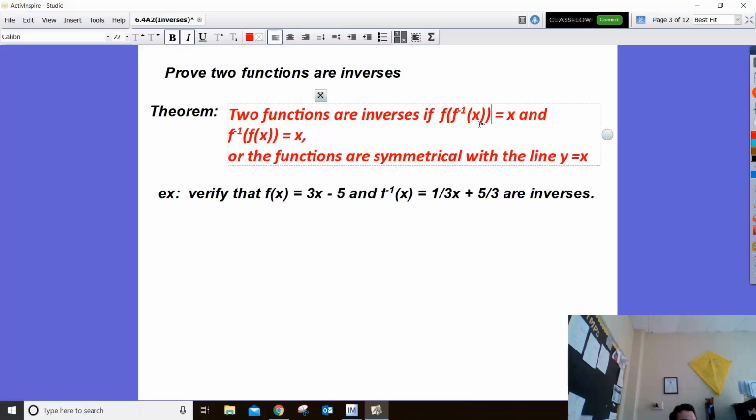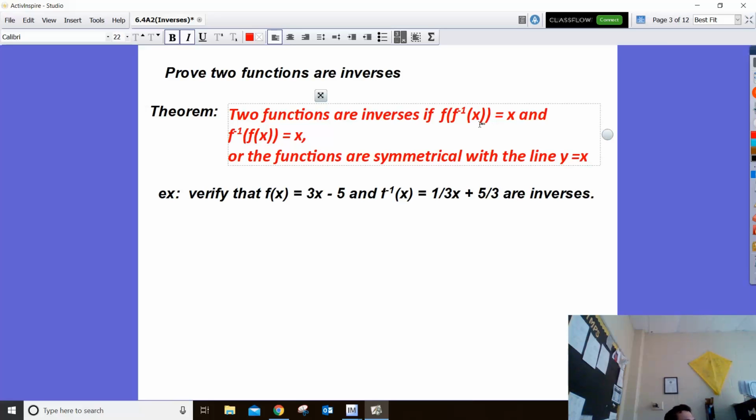What's the second one? The inverse composed of f of x. Two functions are inverses if f of the inverse of x equals x, and the inverse of f of x is x.